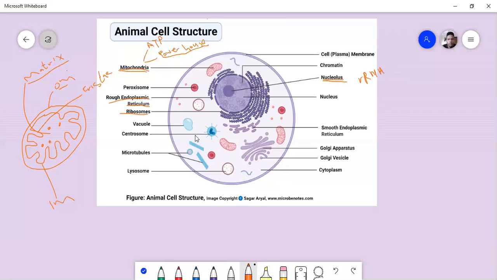Going back to your mitochondria, we have mitochondrial DNA. And everyone has their mother's mitochondrial DNA. There's no father's mitochondrial DNA.